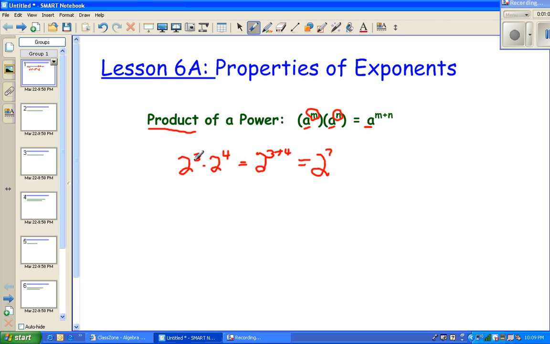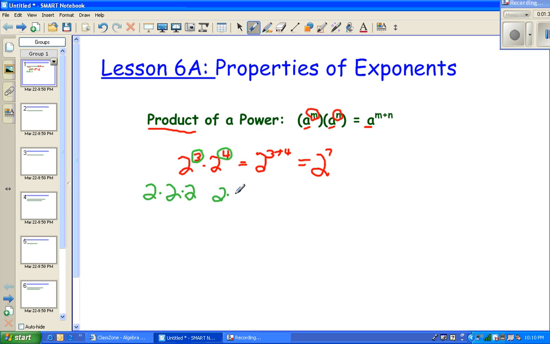The reason it's this is because the power here, this 3, is saying you have 2 3 times. So that's 2 times 2 times 2. And then here, this is saying you have 4 2s.